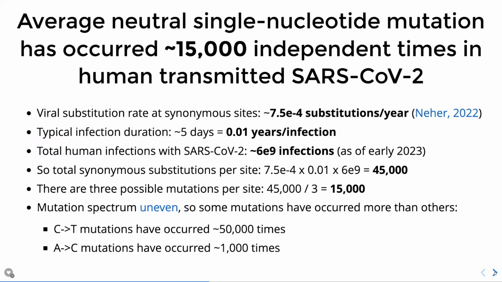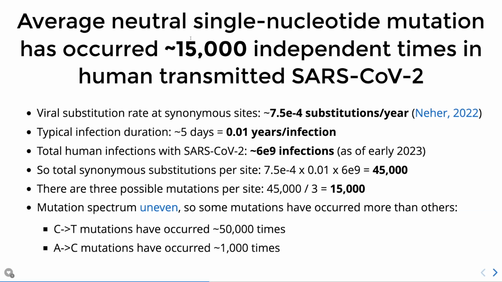And in fact, if you do the math, we can see that the average neutral single nucleotide mutation, so a mutation that does not have a fitness effect on the virus, has occurred about 15,000 independent times in human transmitted SARS-CoV-2 over the last 3 years. That's a huge number of times. So nature has not only done this experiment that we'd like to know the result of, nature's done the experiment many, many times.